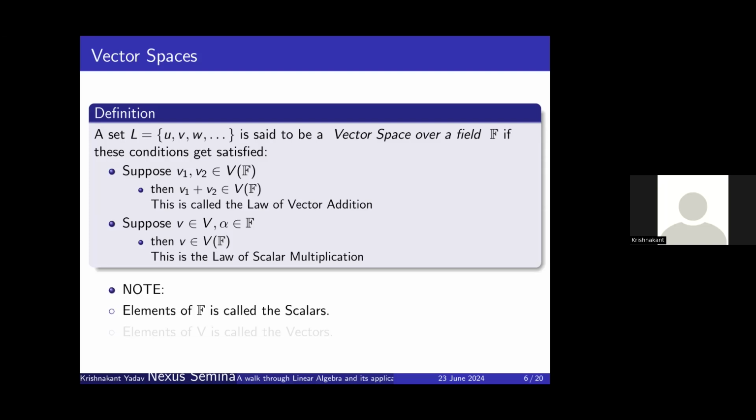Note that the elements of F are called scalars and the elements of V are called vectors.